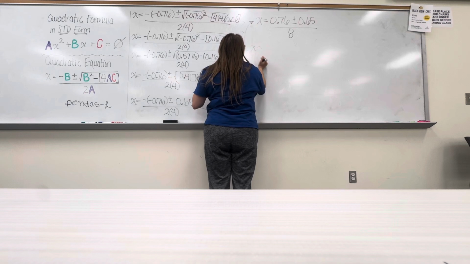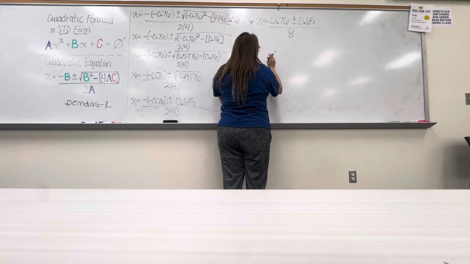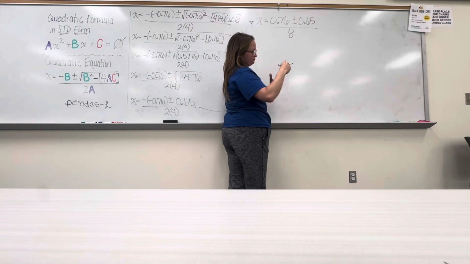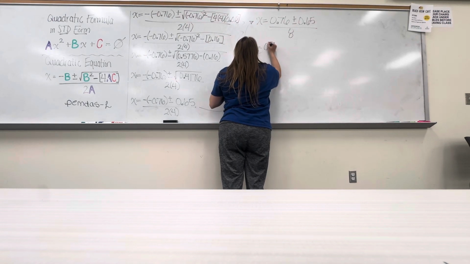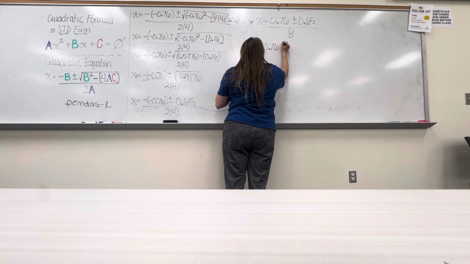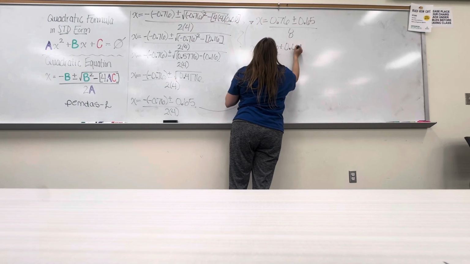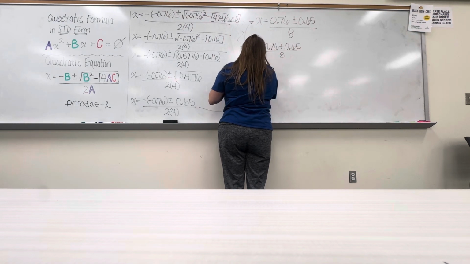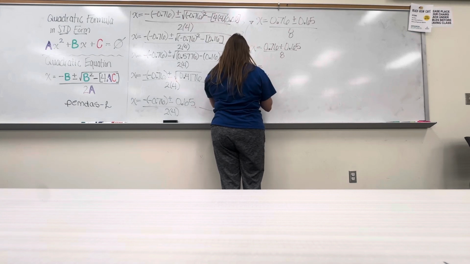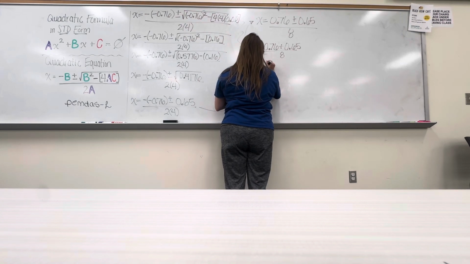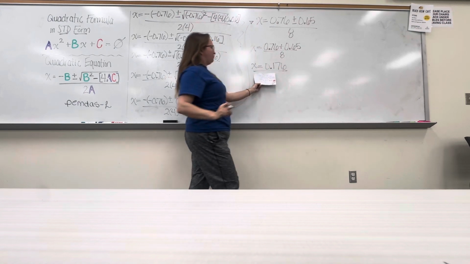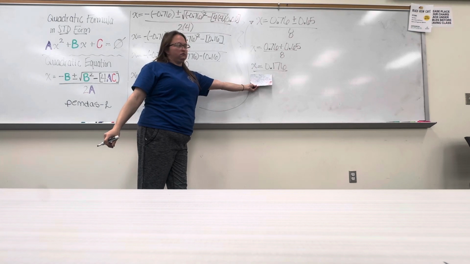X equals, let's work out the plus version first, right? So that's gonna be 0.76 plus 0.65 divided by 8. It's going to give you the value of X as 0.176, okay? So that's one of your values, that's one of your roots.